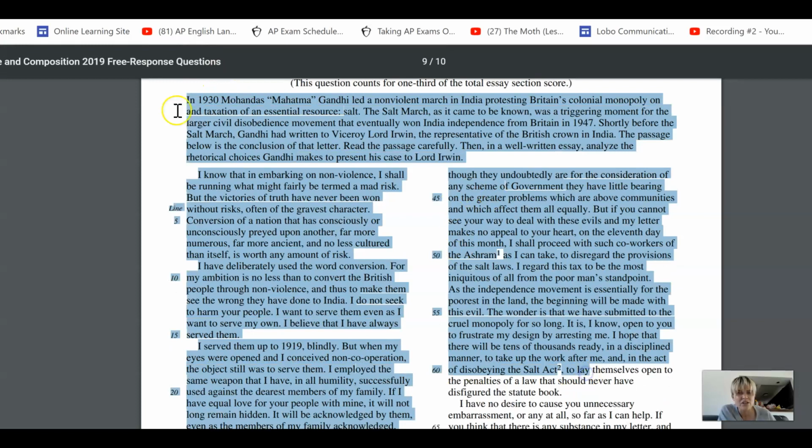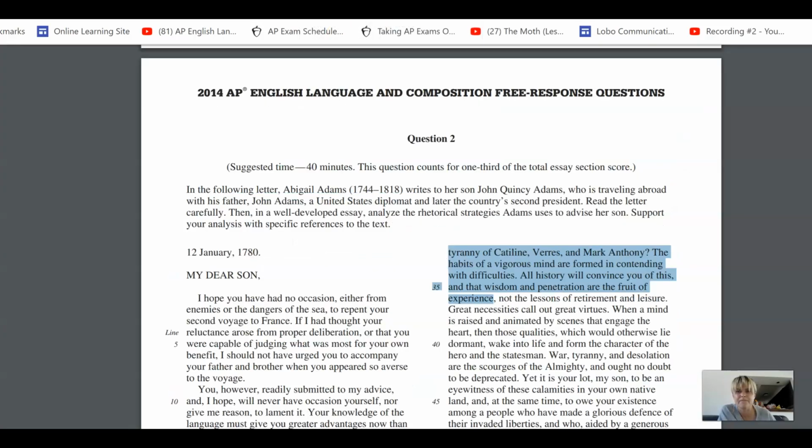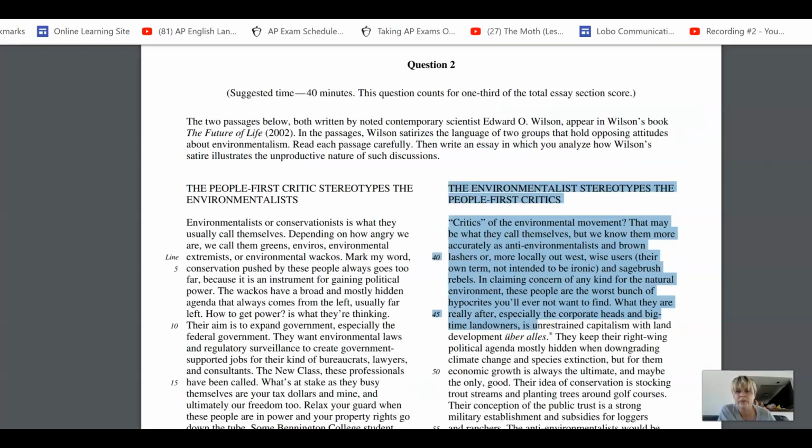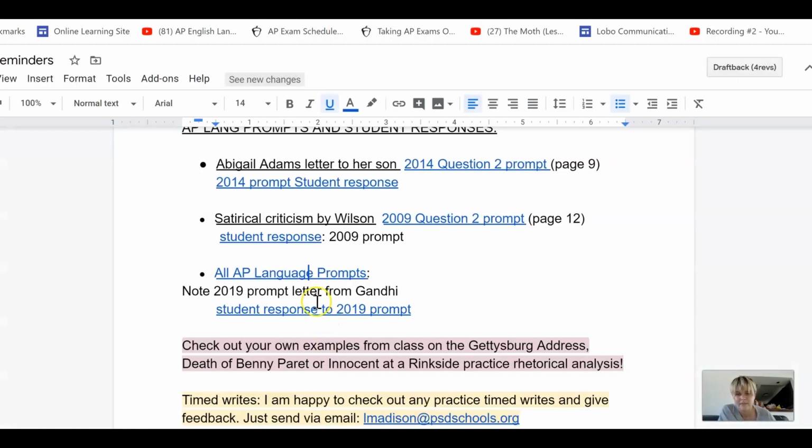It's right here, so you can check that out. There's also a student response to that prompt. So you have these three different prompts with student responses for each one, so you can see what other people wrote about them.